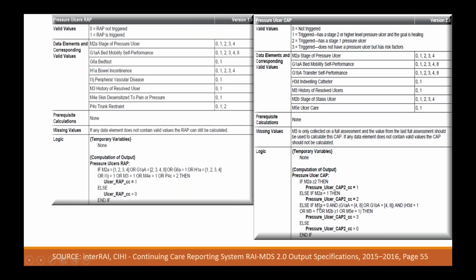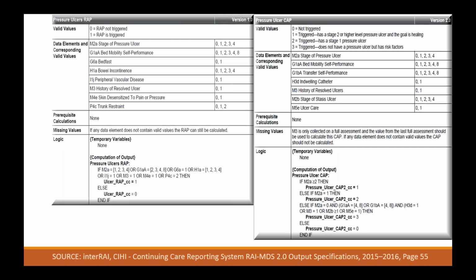And then here, if you've got any of these risk factors involved, that is, there is no ulcer, M2A is 0, there is no pressure ulcer, but you can see here that bed mobility is totally dependent, transfer is totally dependent, or H3D is indwelling catheters, yes, or M3 history of resolved ulcers is a yes.